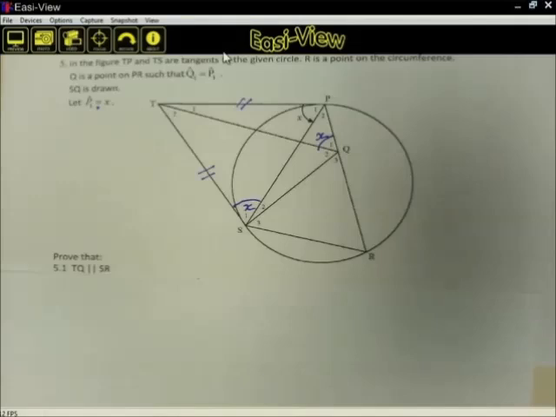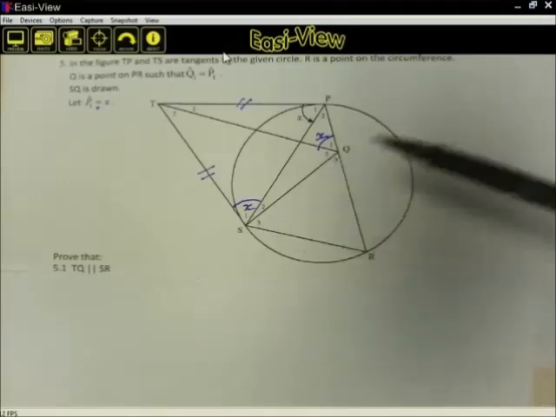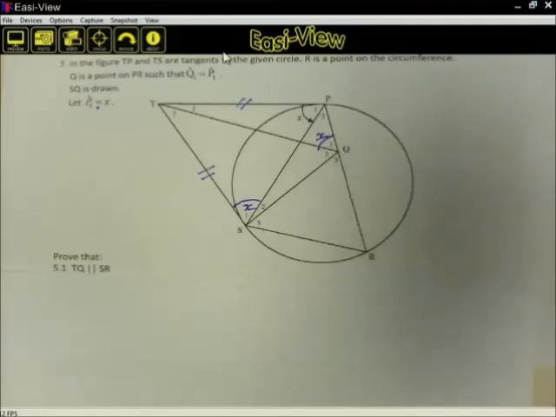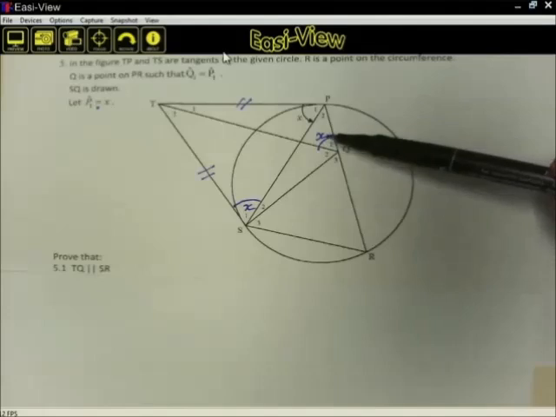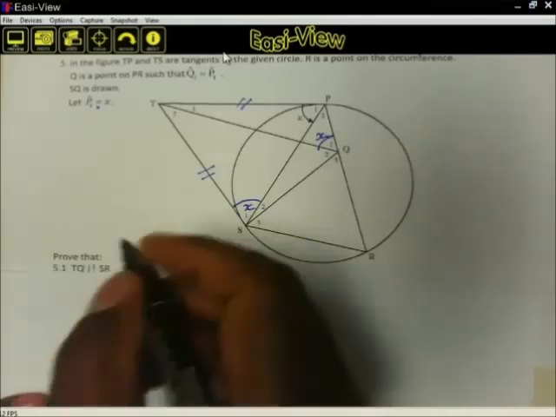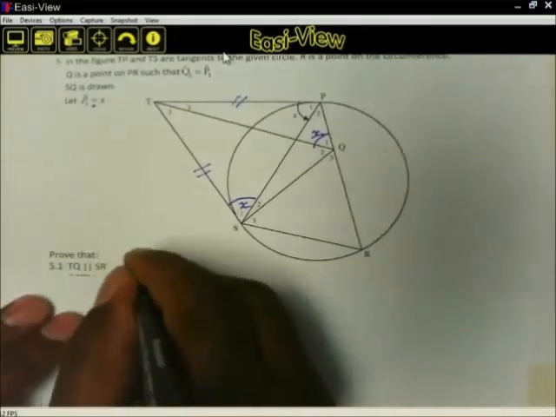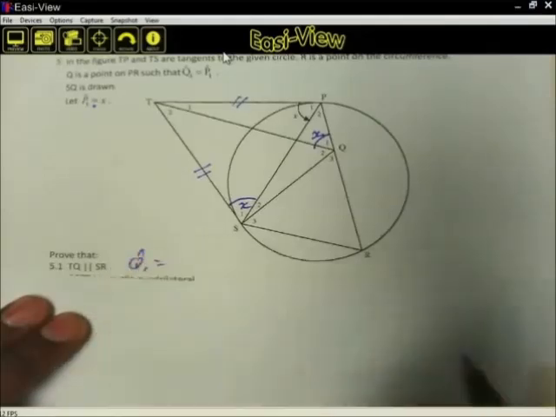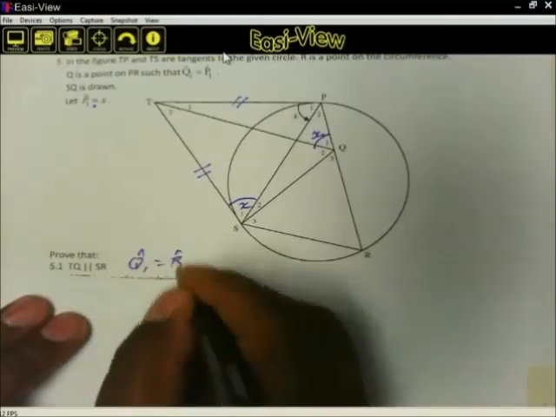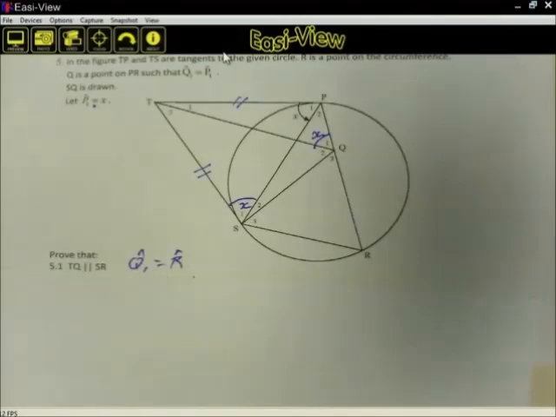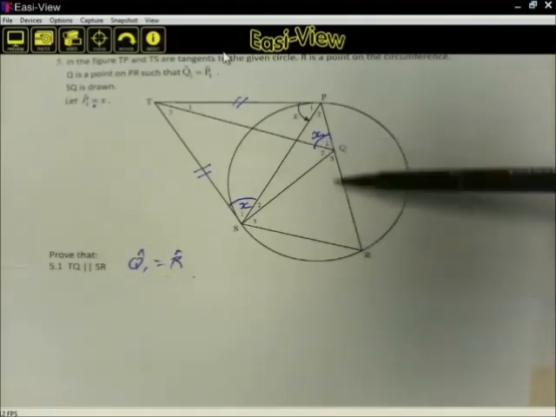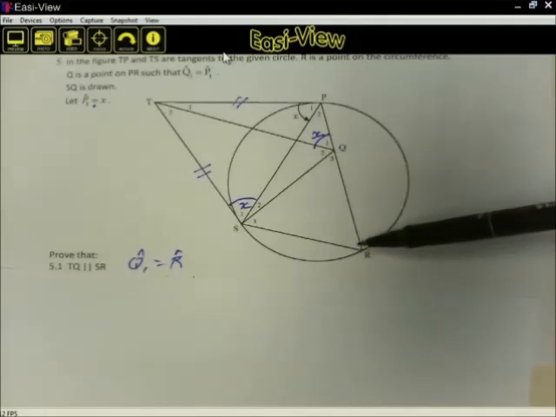I always say, you ask yourself a question, when? Others will say if Q2 can be equal to S3. But look at Q2 and S3. Do you have information on them? At the moment we don't. But X, already we know this one. So if Q1 can be equal to angle R, ask yourself a question, when? When will TQ be parallel to SR? If Q1 is equal to R. Why do I choose that one?